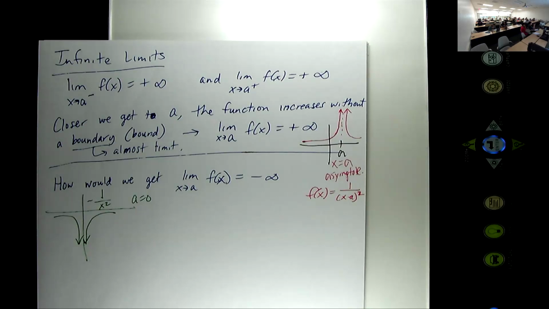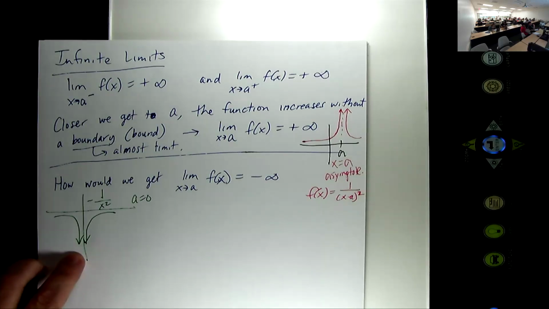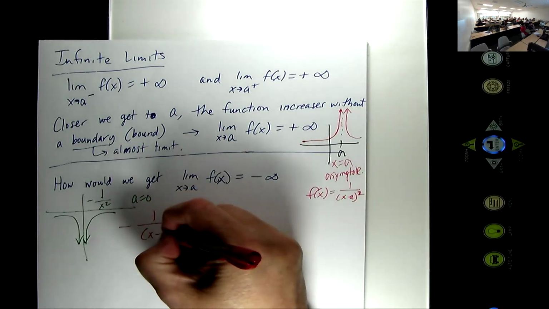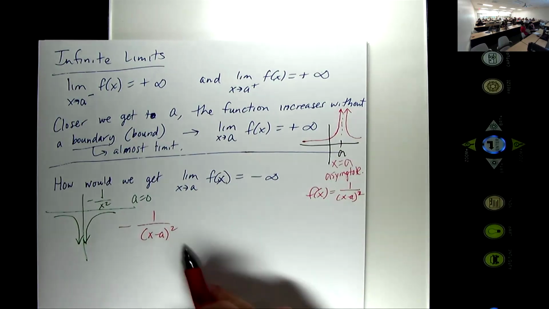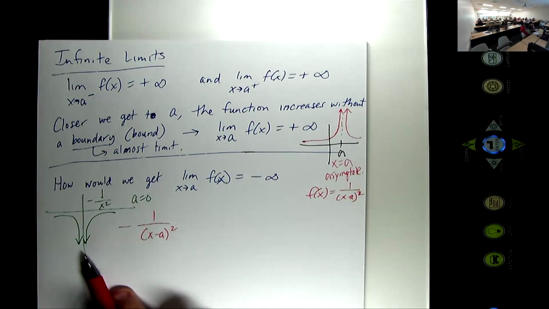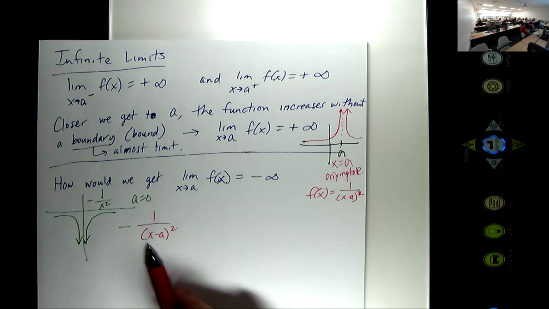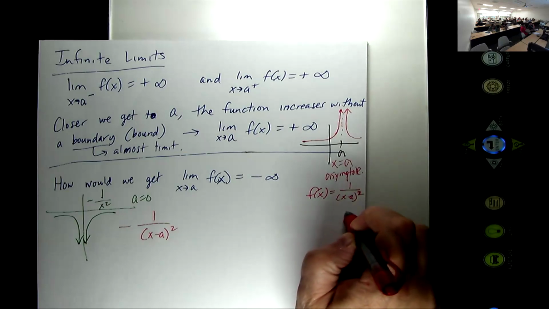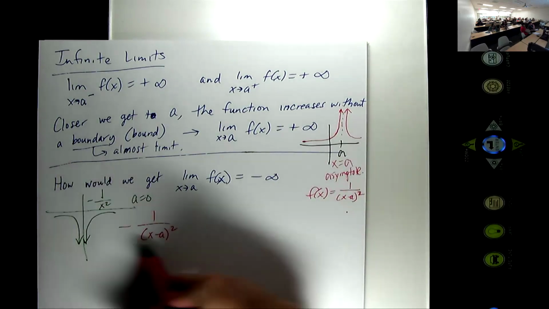Where did the a equals 0 come from? For this graph, a would be 0, because this is negative 1 over (x minus a) squared. The squared makes them point in the same direction. The negative says this is that, because x minus something squared is always a positive number, right? So in general, this thing's always positive, and if I slap a negative on it, it's always negative.